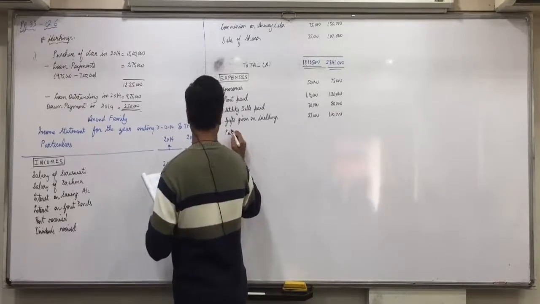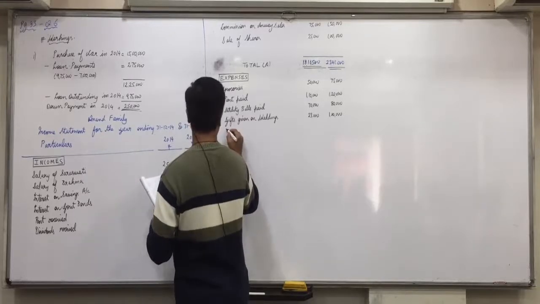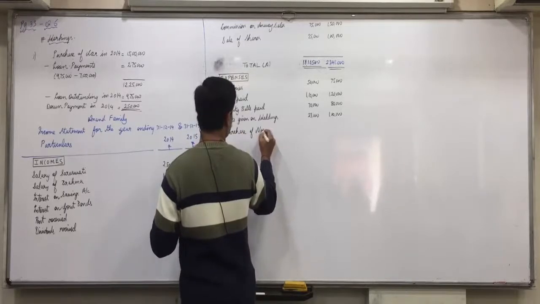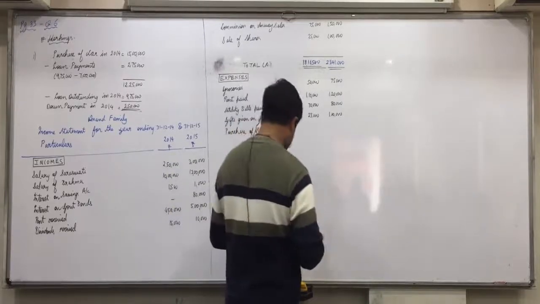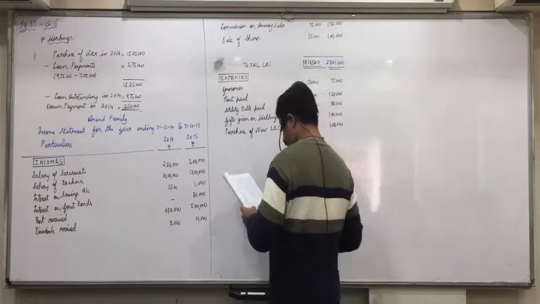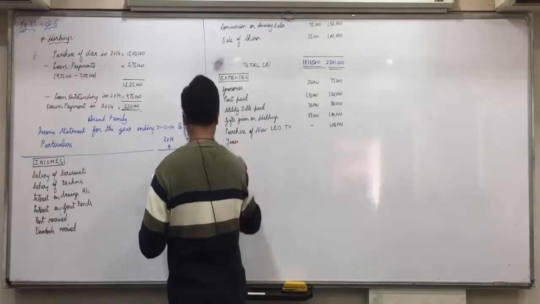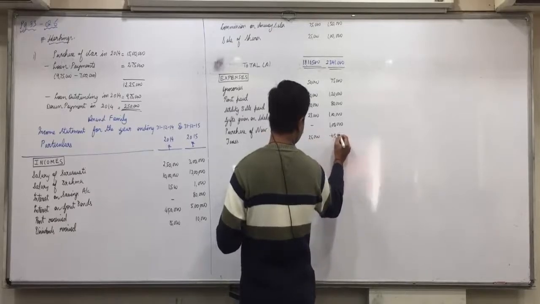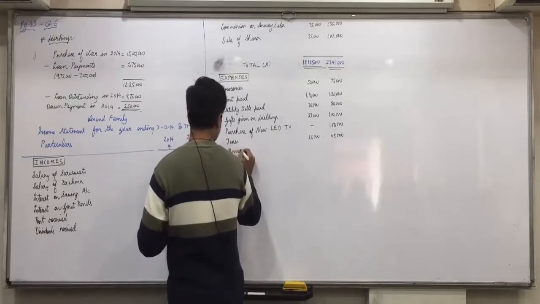Purchase of mutual funds. No, that will not come right now. Purchase of new LED TV. Yes, Captain, what happened? 1 lakh. Taxes. 25,000 and 45,000. Movies and amusement parks.